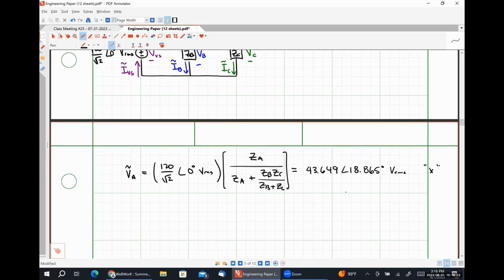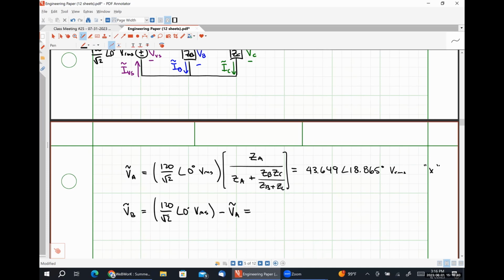So VB could be written by using Kirchhoff's voltage law as our source voltage, 120 divided by √2, angle 0 degrees, volts RMS, minus VA. We could have also used voltage division, but it's overkill once we know what VA is.